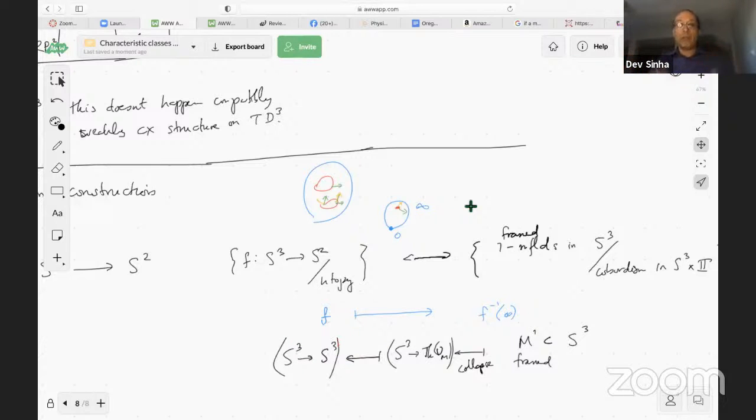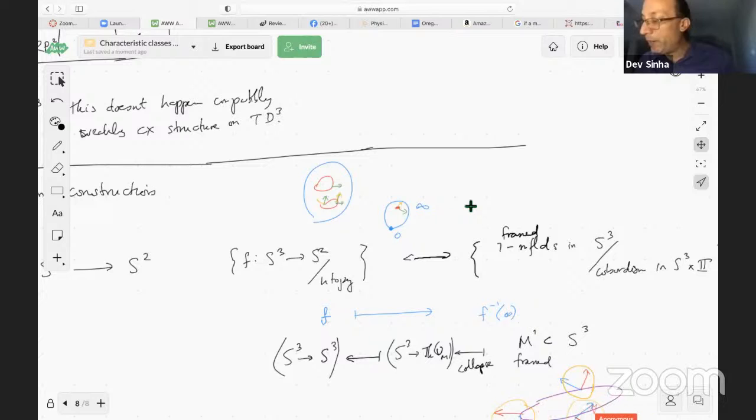Okay, so let me draw just a little bit, do my best. So M is this framed one manifold. It doesn't have to be connected, but I'll view it as connected. And maybe the framing twists as we go around. And what you can think about that as telling us is that at every fiber, I've got a disk.